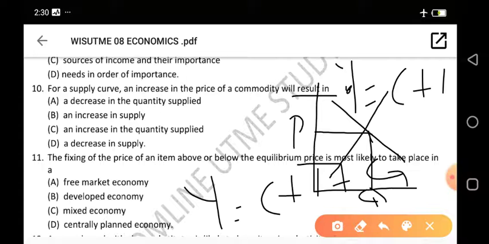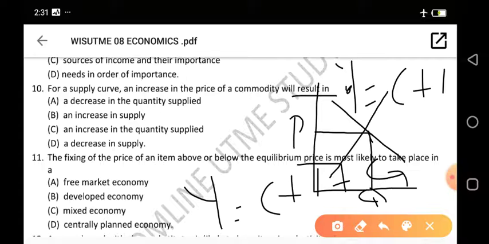C, yes, it's part of the economic system, where we talk about 50 percent government participation and 50 percent private participation. It is called PPP, public-private partnership, where the two arms come together to help maintain and control the factors of production. D is called centrally planned economy, which is also the socialist economy.